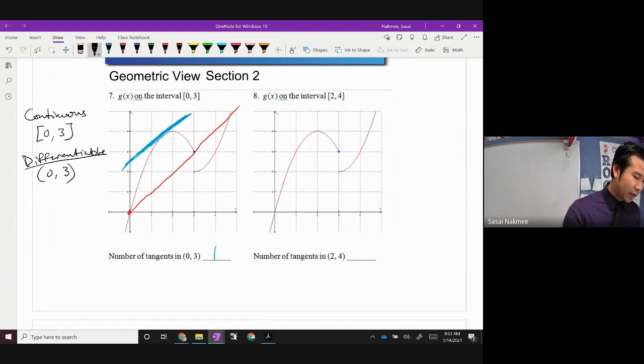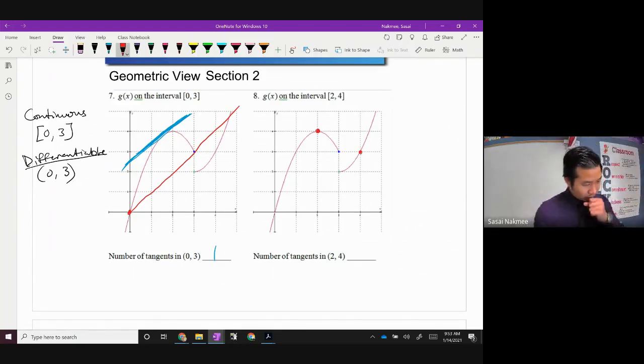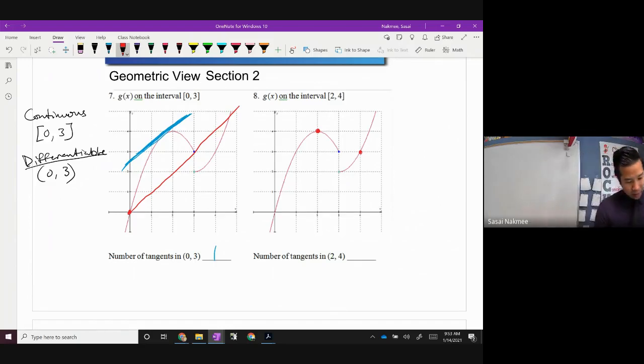All right, how about this one right here, which is going to go from 2 to 4, right there to right there, which is going to give me this secant line. Wait a second, I drew that wrong. 2 is over here, 4 is over here. There we go, that's a little bit better.